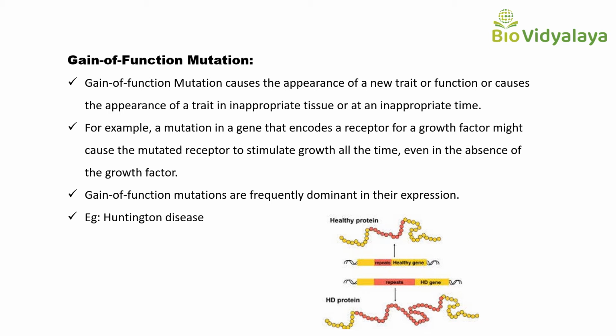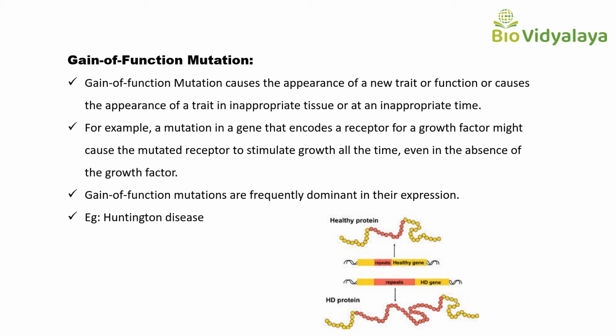So we can simply say that gain of function mutation is the overexpression of a particular gene or a particular protein. For example, a mutation in a gene that encodes a receptor for a growth factor might cause the mutated receptor to stimulate growth all the time, even in the absence of the growth factor.